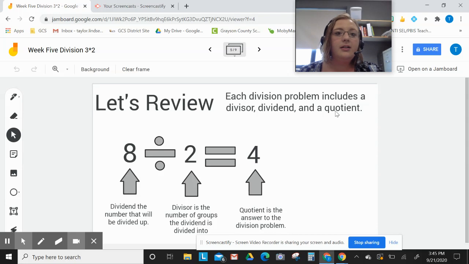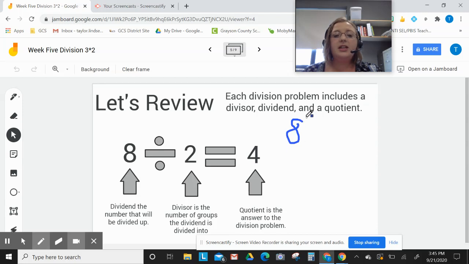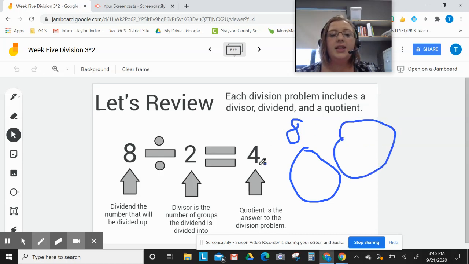So this is showing me that 8 is going to get divided into 2 groups. So I should be picturing 2 batches. And then this quotient or answer to the division problem is telling me how many in each group. So I have 1, 2, 3, 4 in group 1, 1, 2, 3, 4 in group 2.